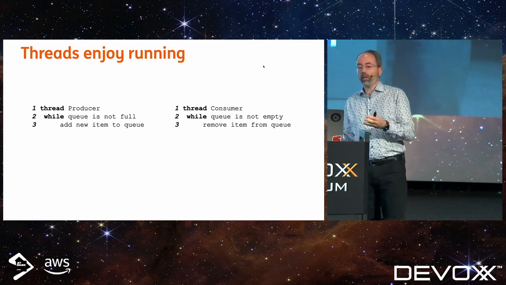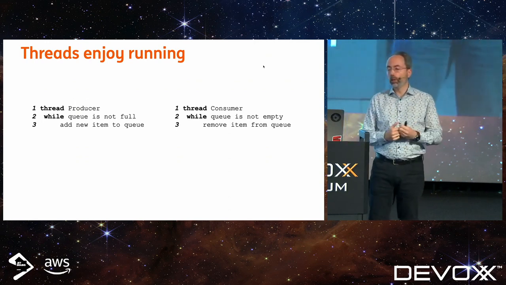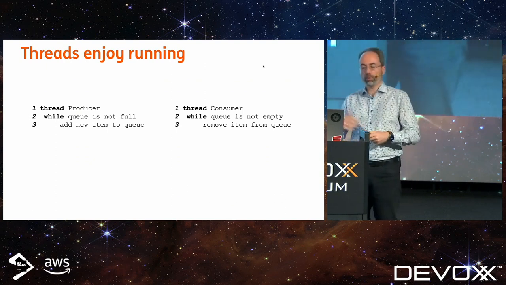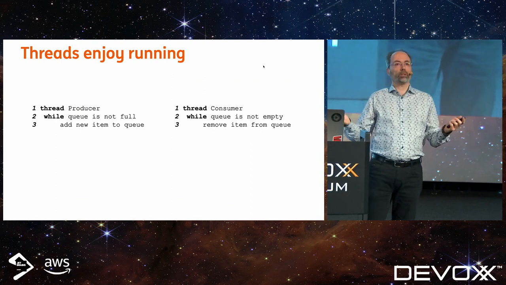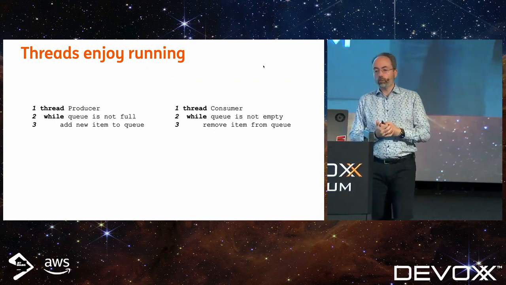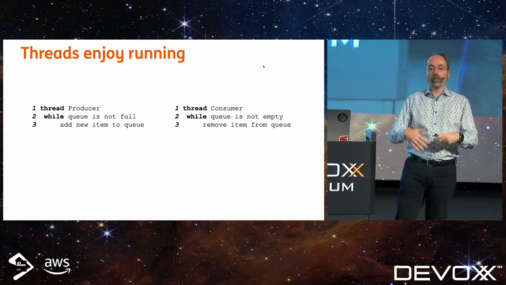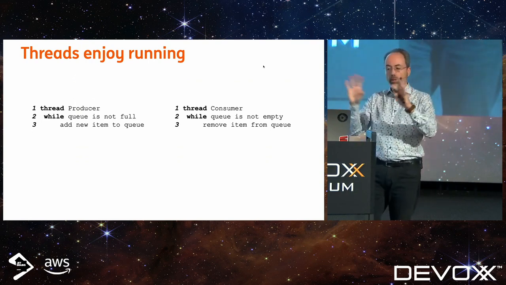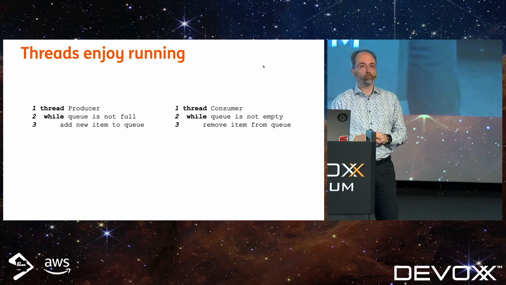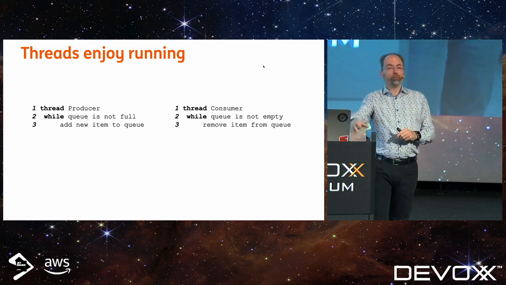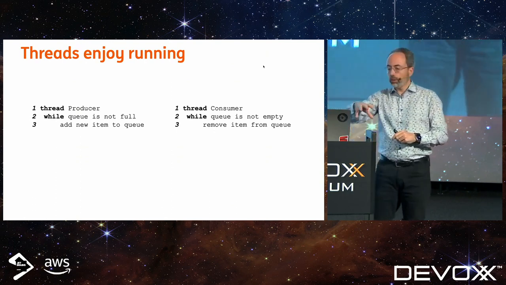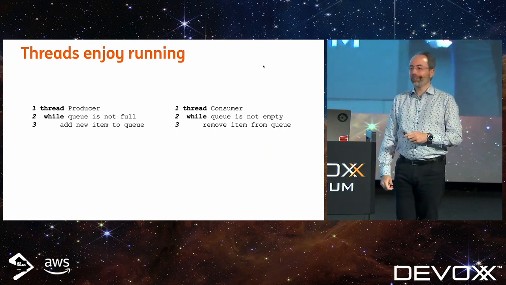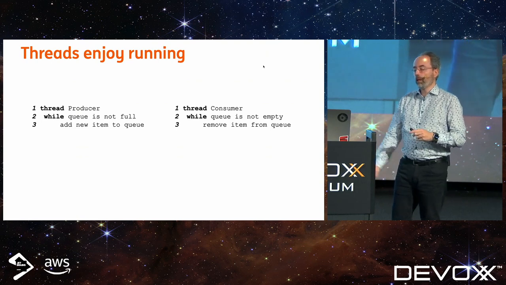Looking at pseudocode, we have a thread with a tight loop and another one with a tight loop. One adds items, the other removes items. This works. And the reason why this works is that, again, we have that entity, the operating system scheduler, deciding when each thread runs. Of course, in practice, we don't want to do this. This uses up too much CPU, but it's good for a simple example.